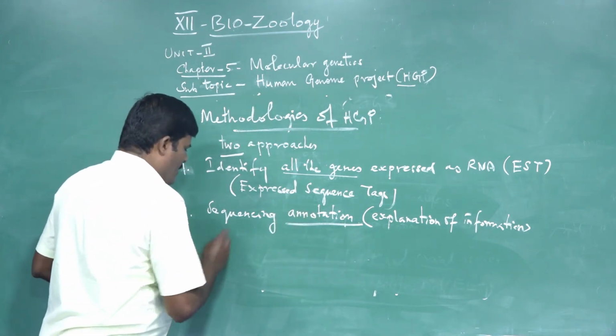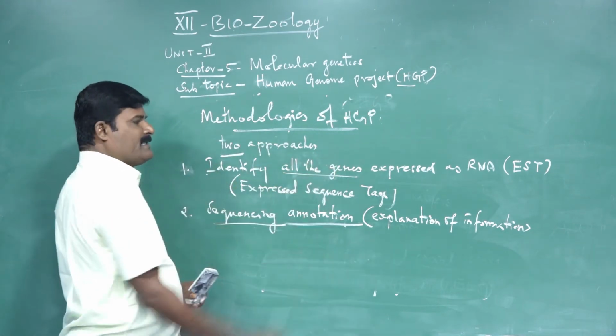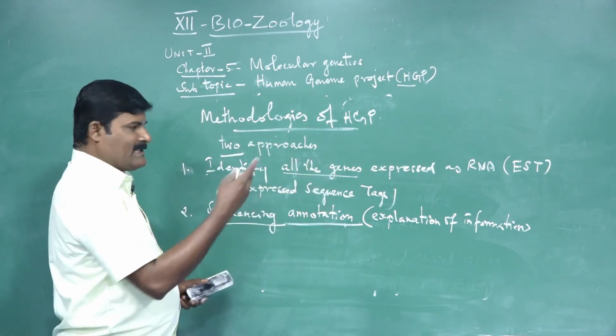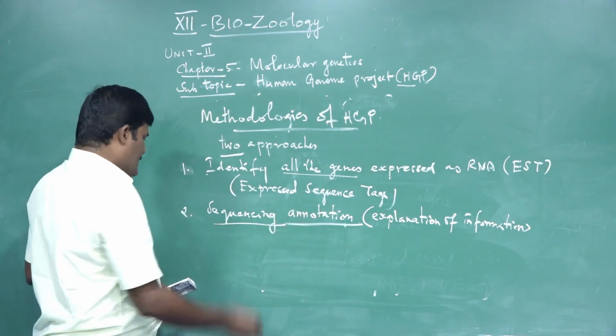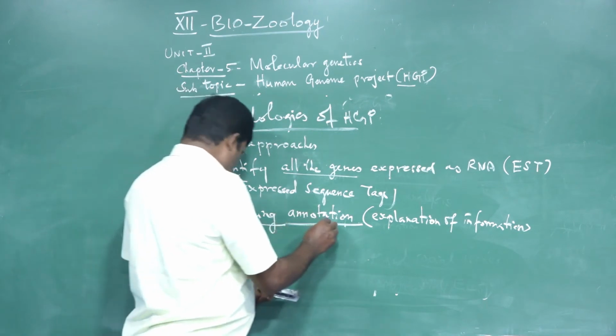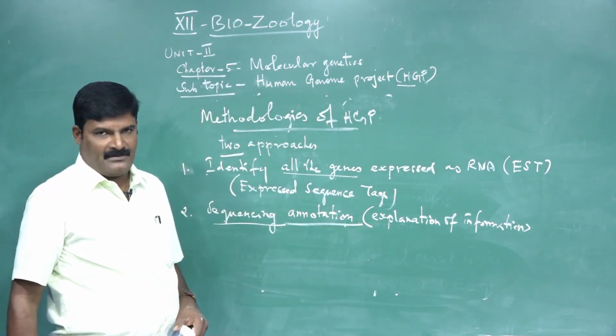Here, the first approach is to identify all the genes expressed as RNA, that is expressed sequence tags. The second approach is sequencing annotation, that is explanation of information.